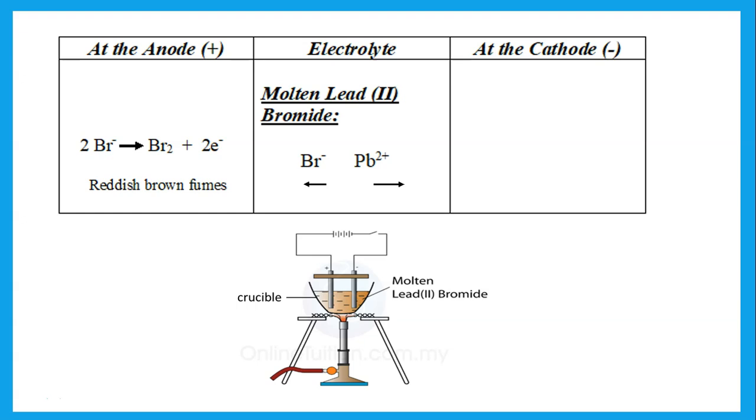But remember that to get the lead bromide to be molten, we had to heat it to a very high temperature. So if we say what is observed at the anode, it is reddish brown fumes or reddish brown gas. At the cathode, the Pb2+ gains electrons and becomes lead. So what is observed? Again, a silvery gray metal.